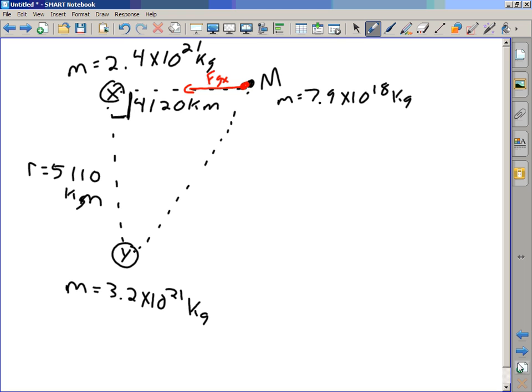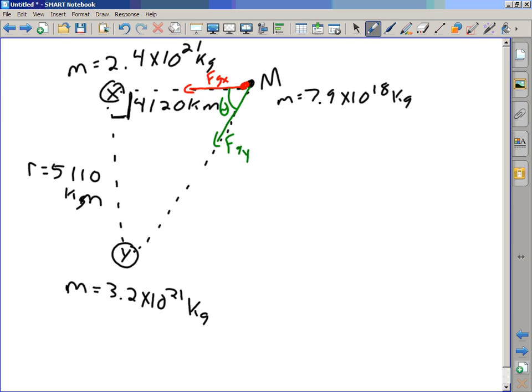And then find the force of gravity from Y pulling down like that, okay? You're going to need to figure out what that angle is right there. 180 plus that angle will give you the force of gravity for Y.